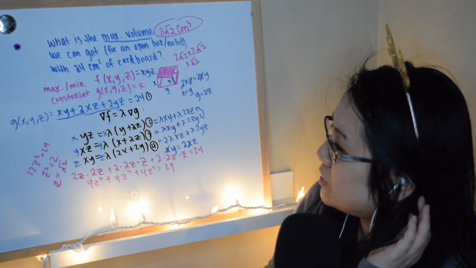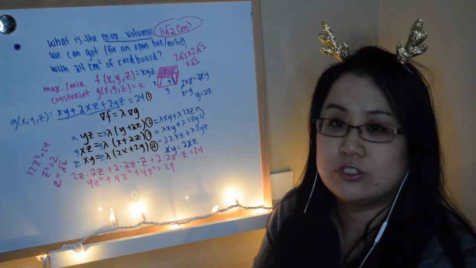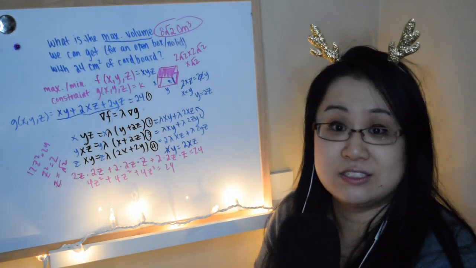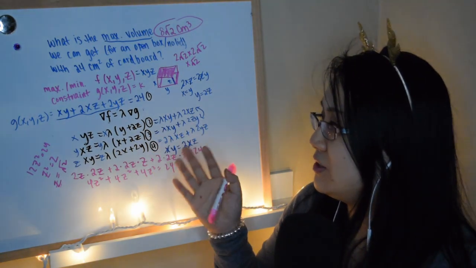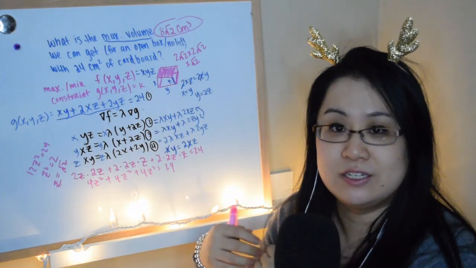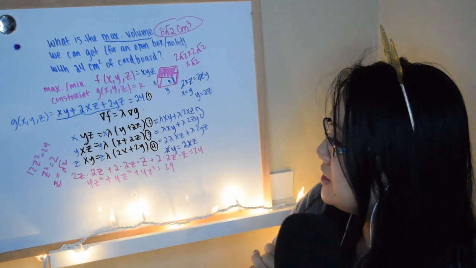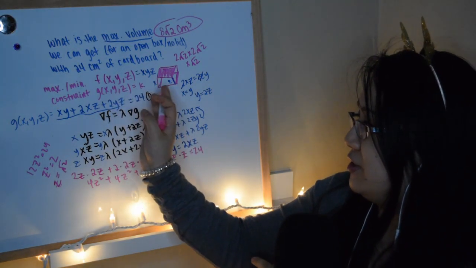is. So one way to kind of convince yourself is that, first of all, you have to show that it exists in the first place. Like, how do you know that there is a maximum and it doesn't just go off to infinity unbounded? And in this case, I think it's okay because we have our constraint here.